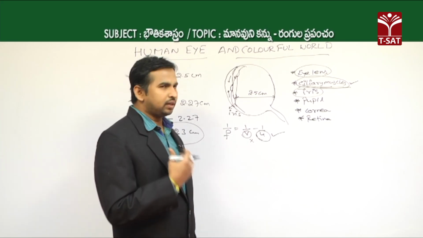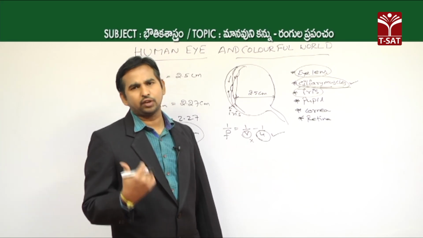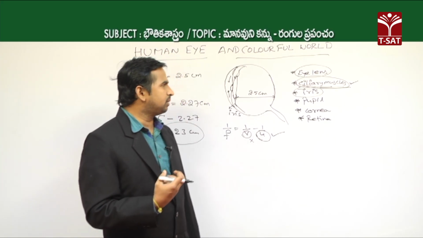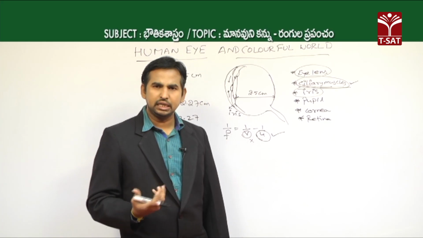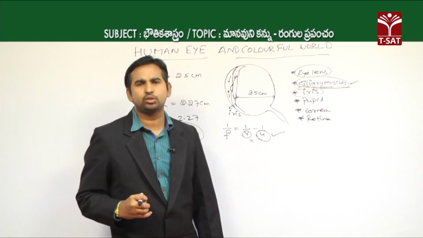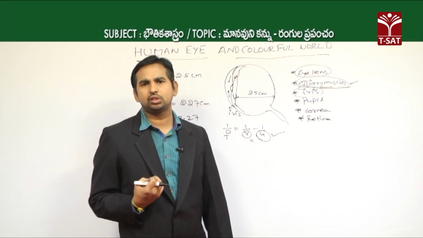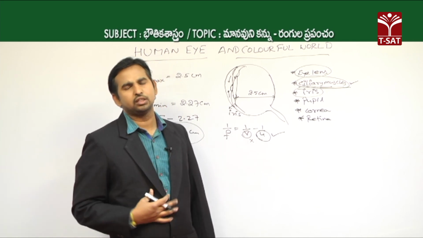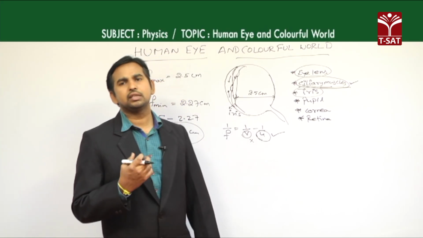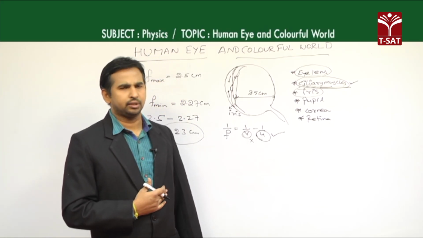So depending on the intensity or amount of light coming onto the eye lens, the ciliary muscles adjust the focal length. At the same time the iris adjusts the passage of the light rays coming inside. When the passage is wider, more light rays may enter. When the passage width is less, fewer light rays enter.